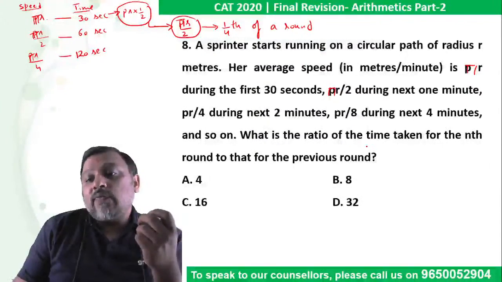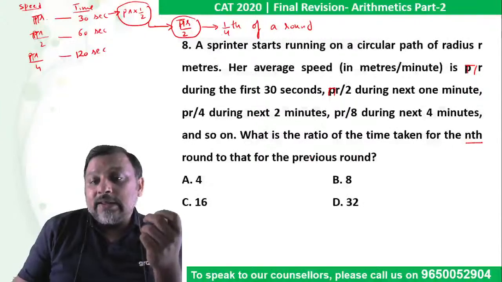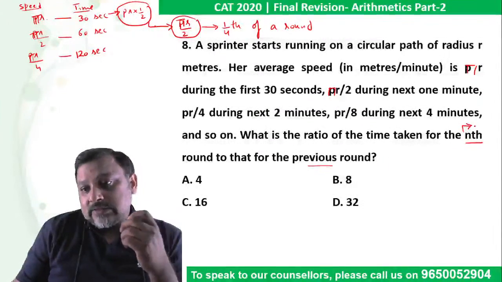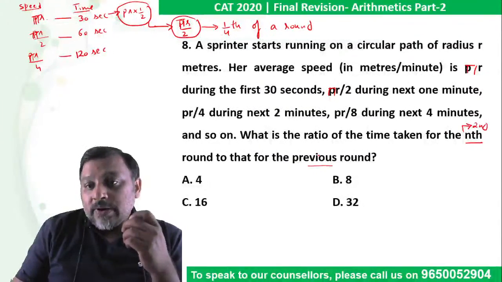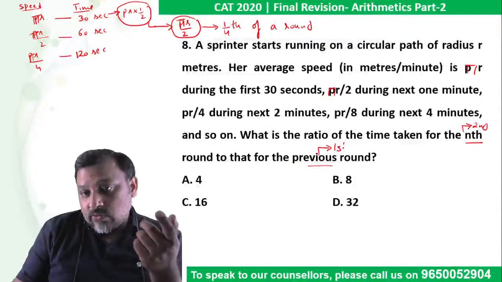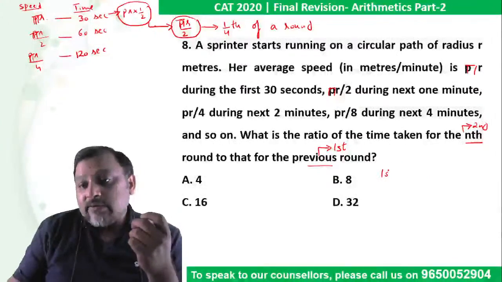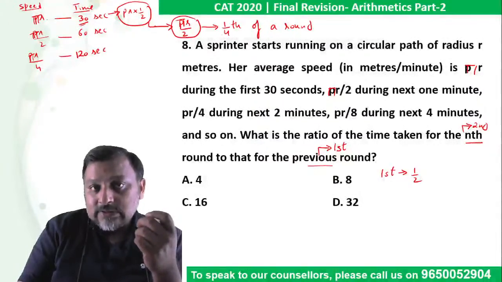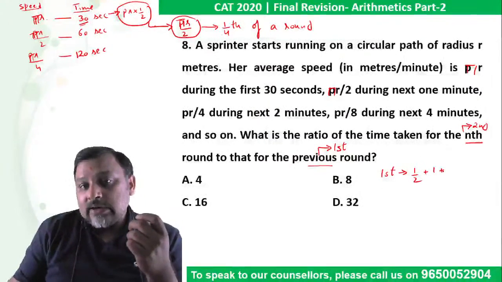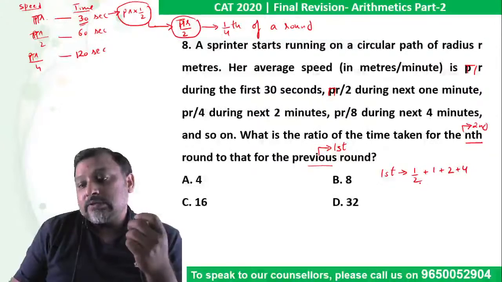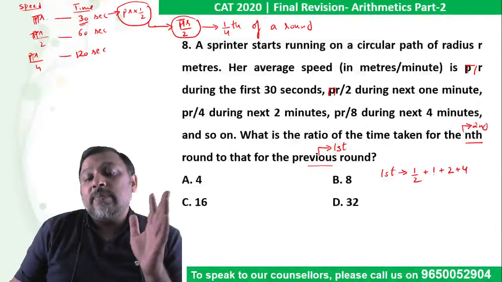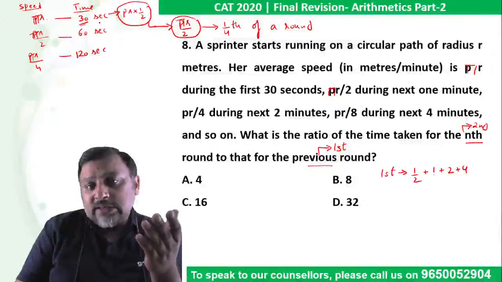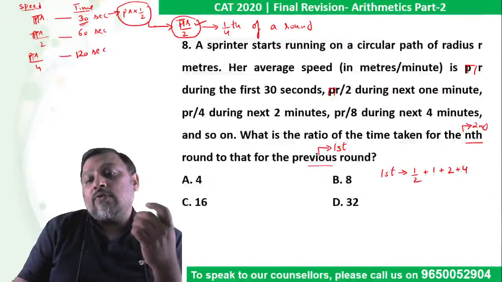Okay, so I need to find the ratio of time taken for the nth round to the previous round. So if I say nth is second round, the previous round is first round. The time taken for the first round is half minutes, then 1 minute, then 2 minutes, then 4 minutes. So 4 such values will make it one complete round. Each lap or each such phase is 1/4 of a round.